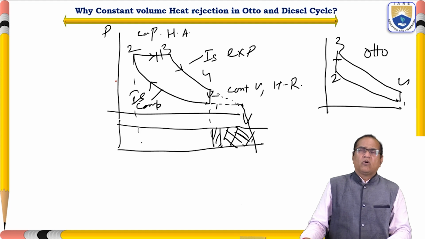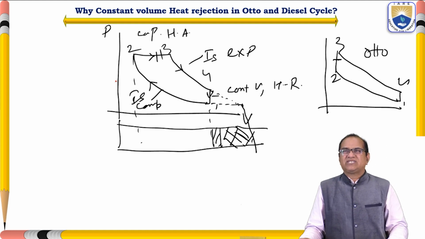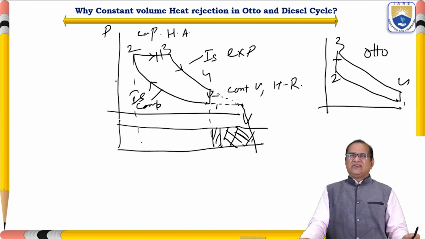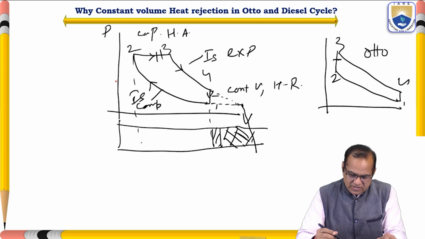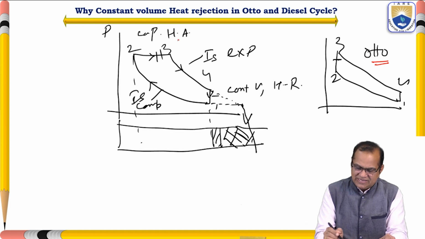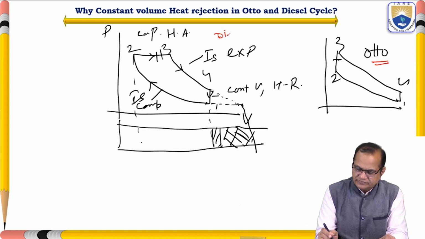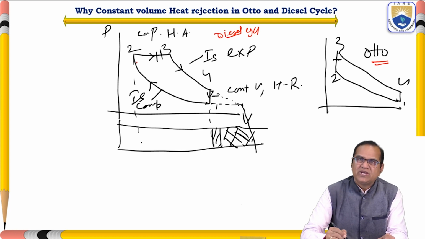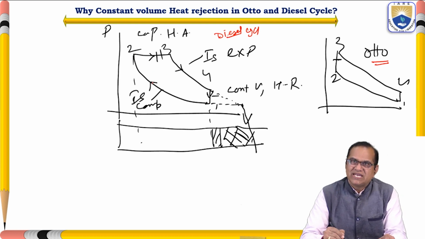Now, why constant volume heat rejection in the Otto and the diesel cycle? If you see here, in both the cycles, this is the Otto cycle and this is the diesel cycle. Here 1 to 2 is compression.